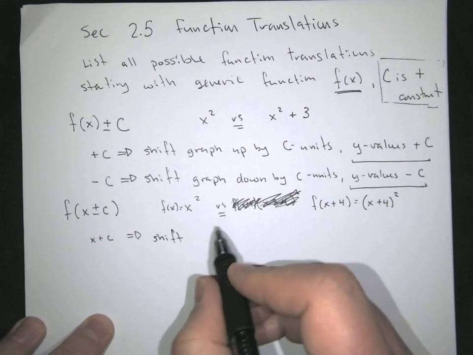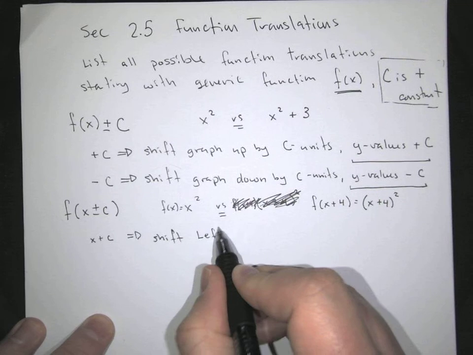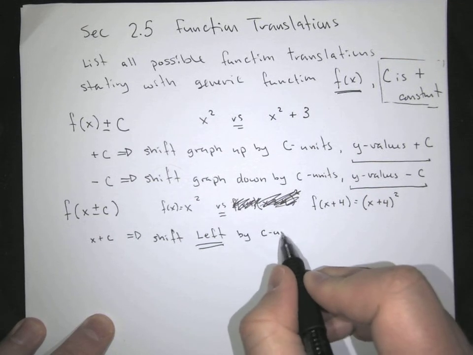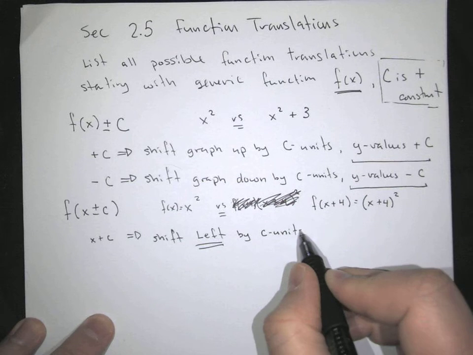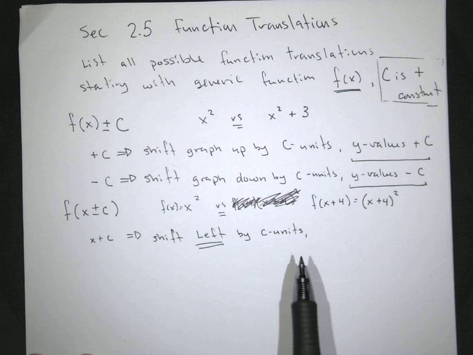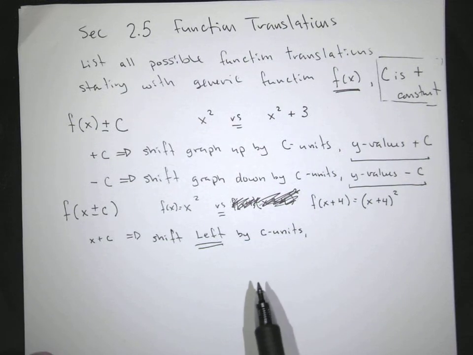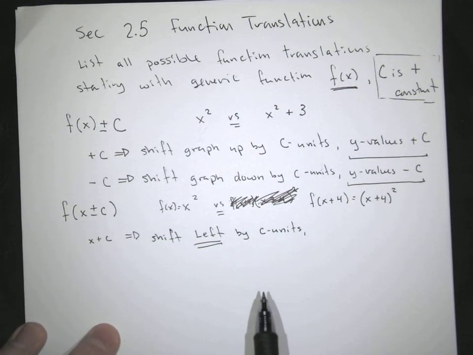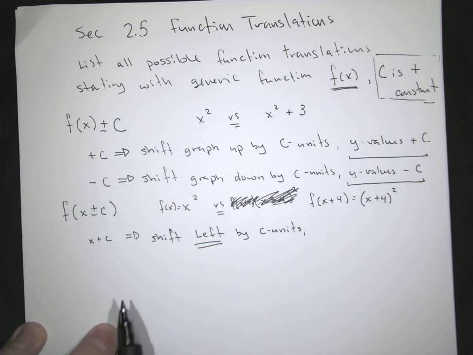I think everybody's instinct here would be that if you're going to do plus, you should move in a positive direction, which if we're thinking x's, we're probably thinking to the right. Conceptually, if we're adding to our x, it makes the input values bigger, which means we're actually getting to those values sooner.